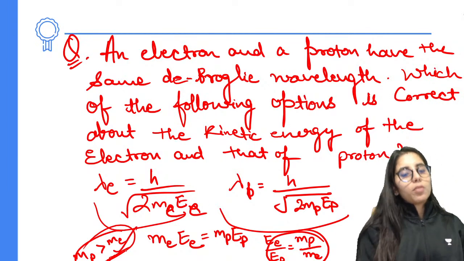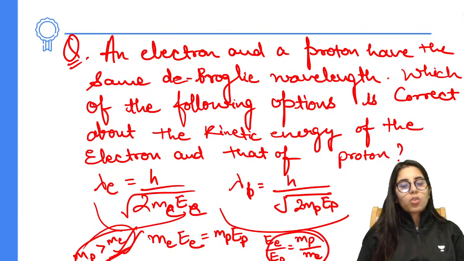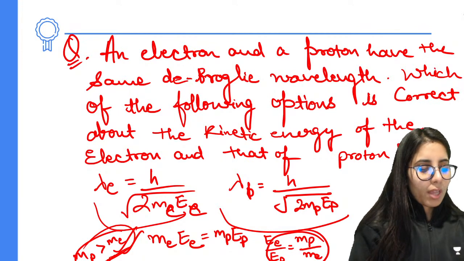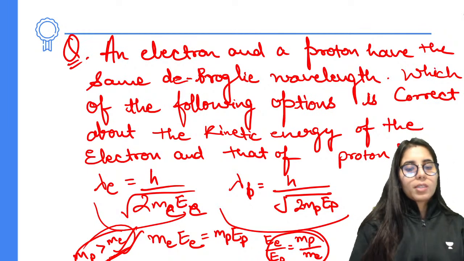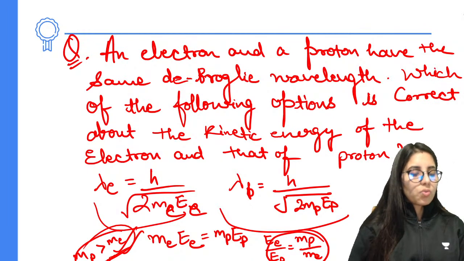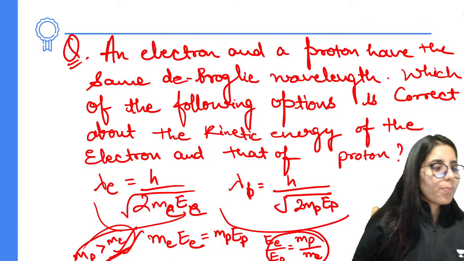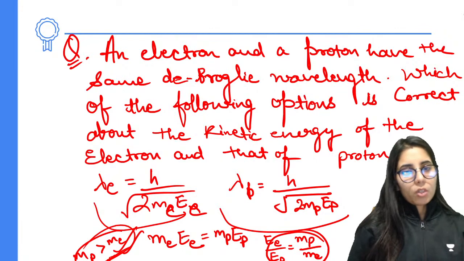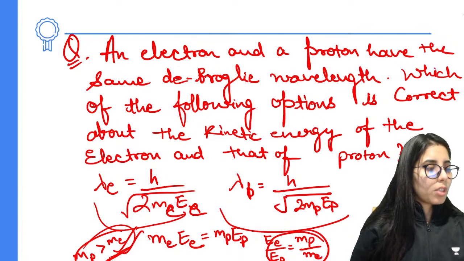Just with the help of this information, because the masses of electron and proton are something common and everybody knows about that, it will be helping you a lot to decide what the energy relations will be. That is E_e greater than E_p. Okay, that's how you can get the answer for this question too.